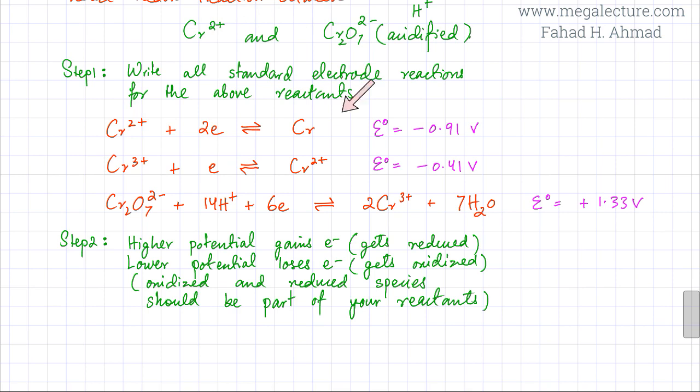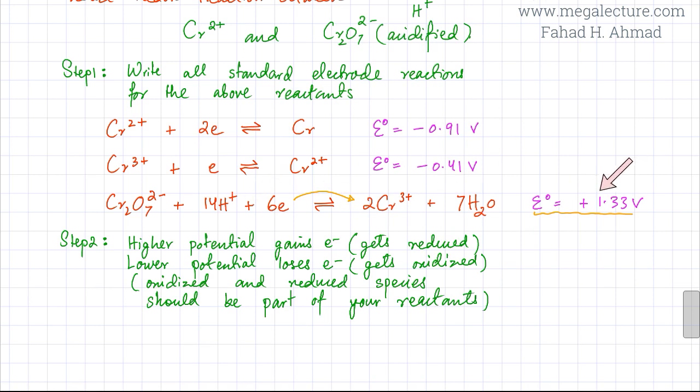So whichever substance is getting oxidized or reduced, it must be either of these 2. So these are your reactants. I'm going to look at the 3 reactions and figure out which one has the highest potential. The third reaction has an E naught of 1.33 volts, which is greater than the other 2. So the higher potential is going to gain electrons, it's going to get reduced. This reaction would go in the forward direction, because in the forward direction electrons are being gained.